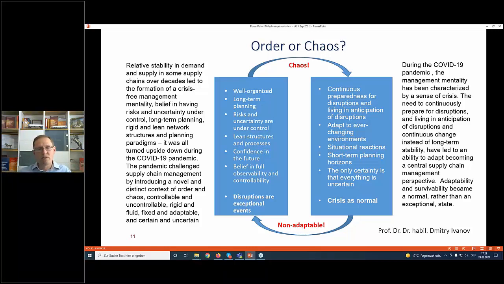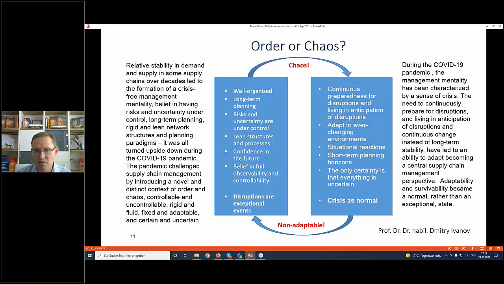The results of this were rigid, lean network structures and planning paradigms. And all this was turned upside down during the COVID-19 pandemic, which challenged supply chain management by introducing a novel context of order and chaos, controllable and uncontrollable, rigid and fluid, fixed and adaptable, certain and uncertain.